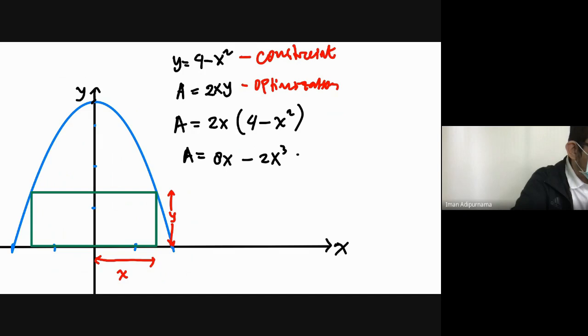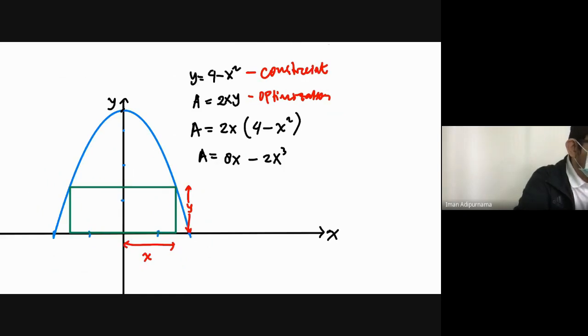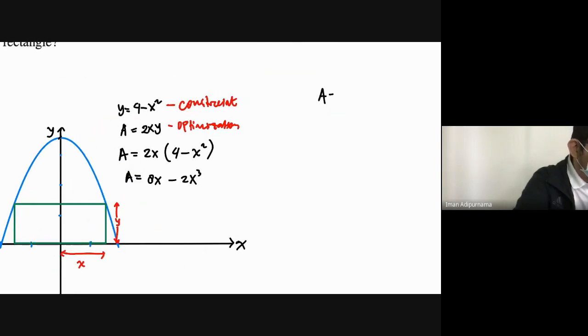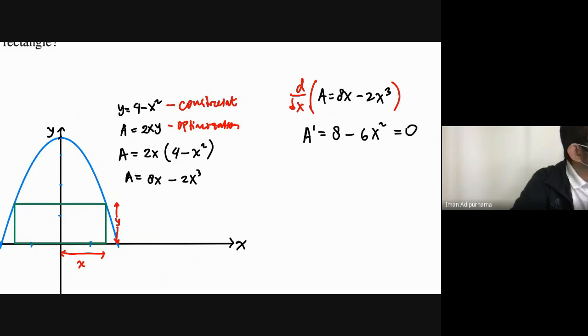So we can say that this is, let me write here, A. So we need to take the derivative of this function with respect to x. And this will be 8 minus 6x squared. And this should be equal to 0, so that we find the critical point.